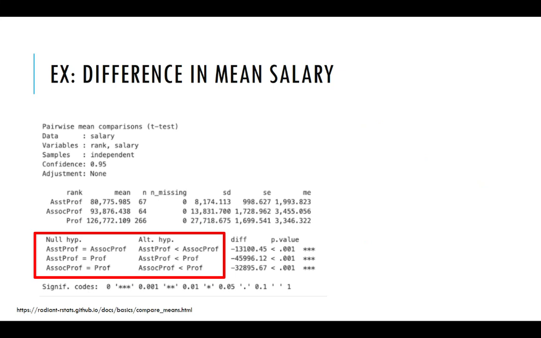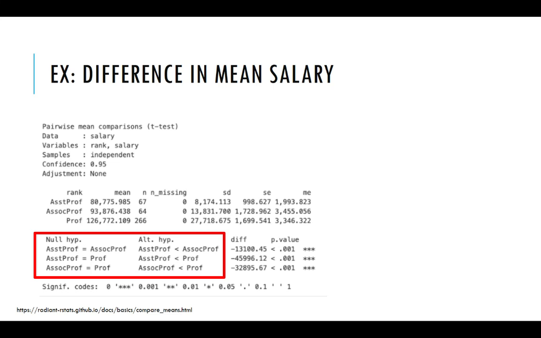This is interesting output because it's actually telling us the null hypothesis and the alternate hypothesis. You see the null hypothesis is usually that there's no difference, right? Assistant professors equal to associate, assistant is equal to professor, associate is equal to professor. So they're setting up their null hypotheses a little bit differently than I am. Remember, I've been setting them up where whatever's not in the alternate hypothesis is in the null hypothesis.